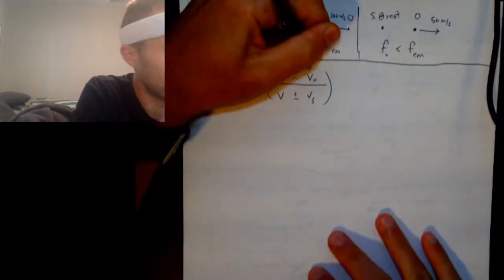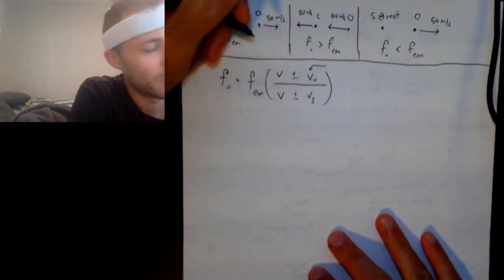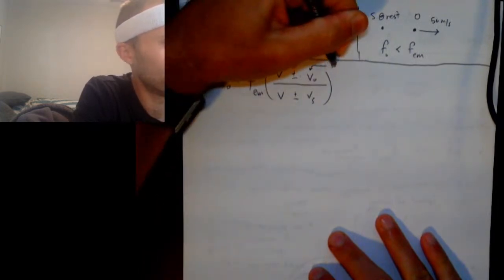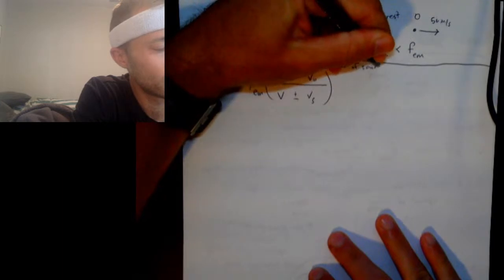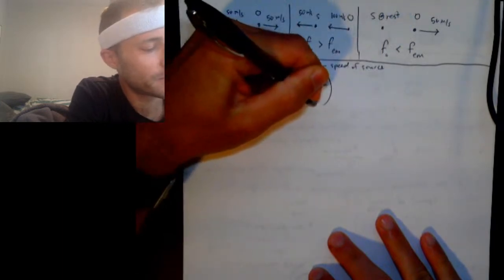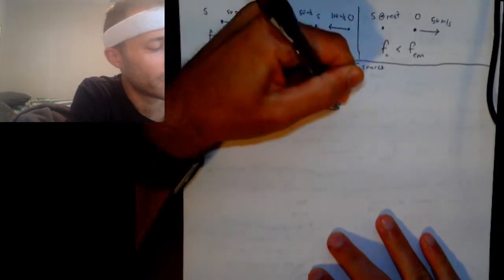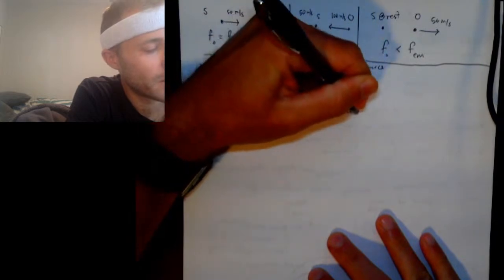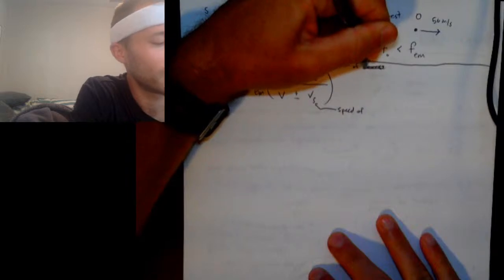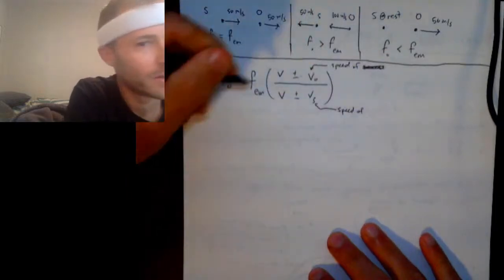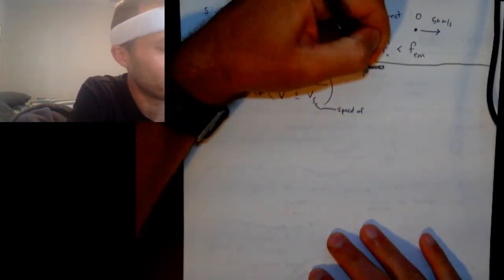So what are these? Well, Vs is the speed of, I mixed that up, I'm sorry about that. VO is the speed of the observer.